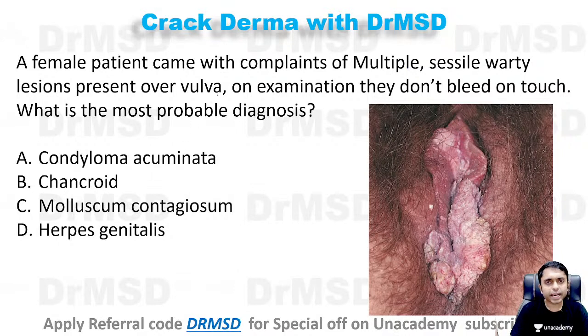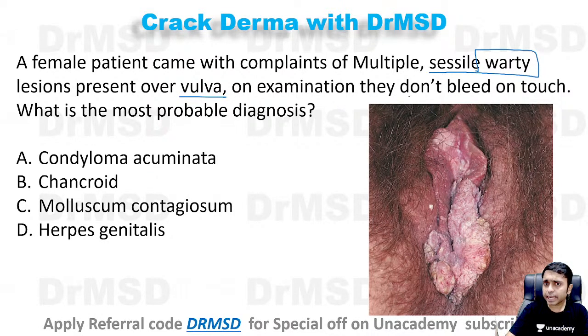And now please try to identify this picture. So these image-based questions are also very important. Yes, so if you get any patient who is having these kind of multiple sessile warty lesions, warty meaning that the lesions are very rough or pointed, the surface is cauliflower-like, and these are present on the vulva.